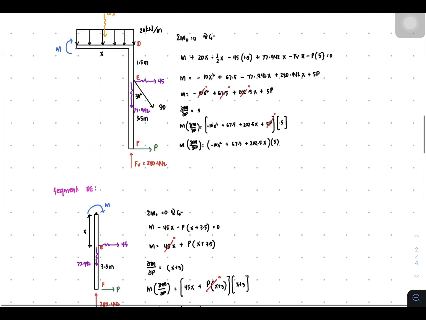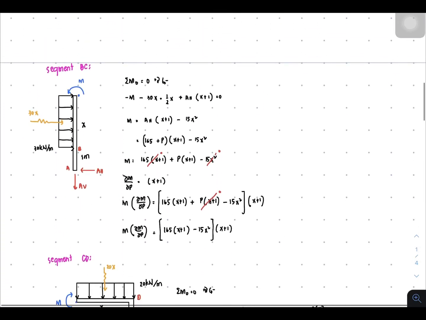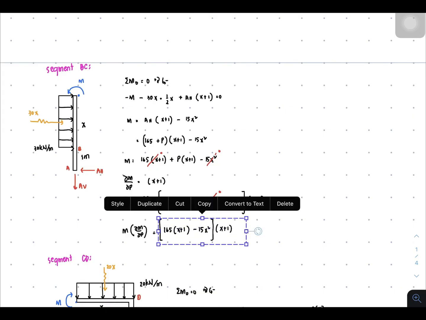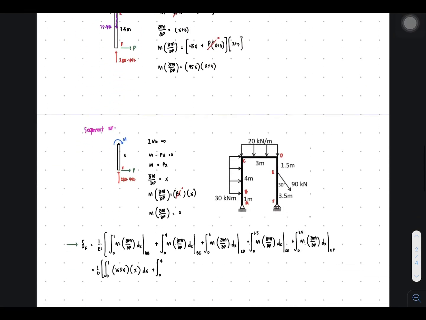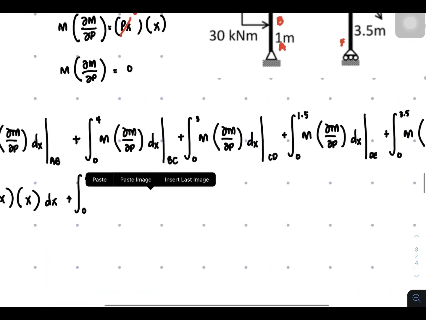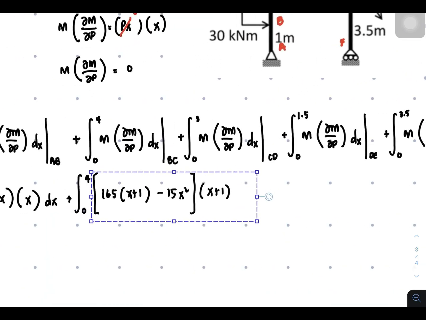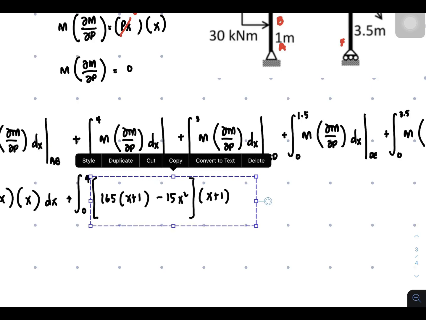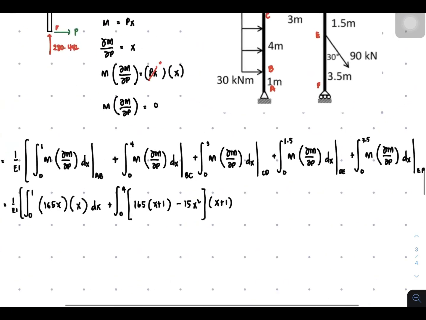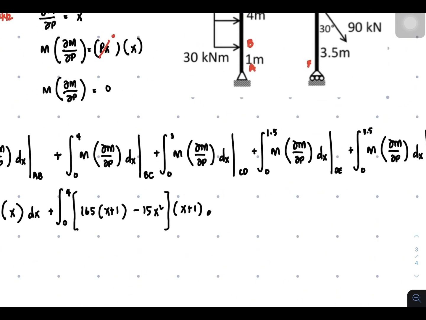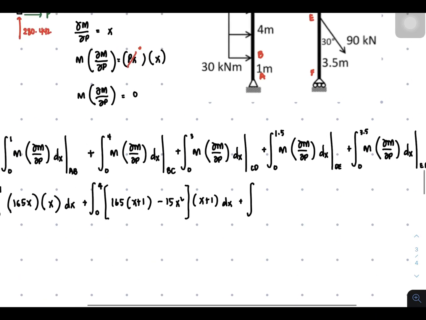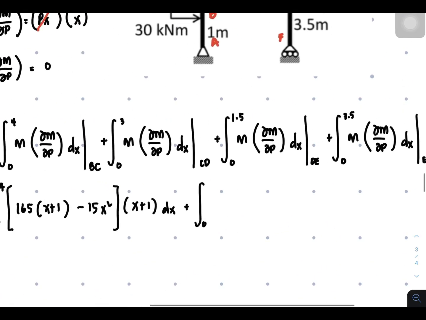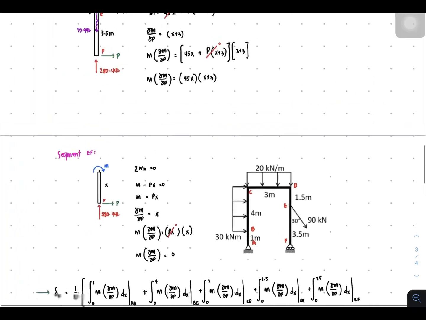This is BC, so BC here. So dx, then plus the integral from 0 to 3 for CD.